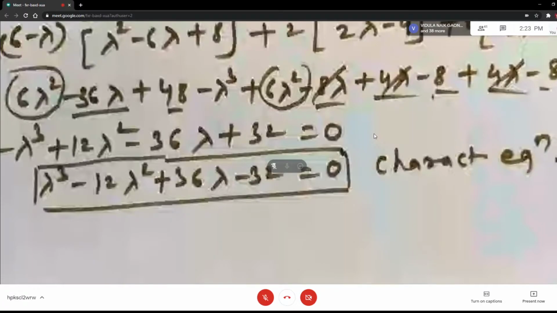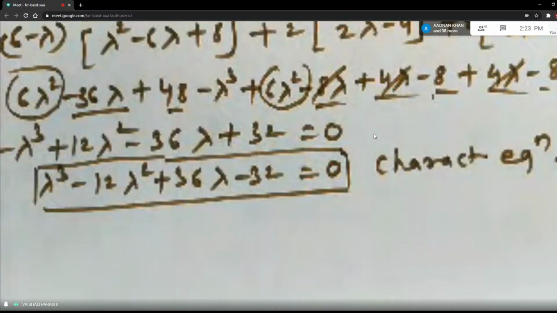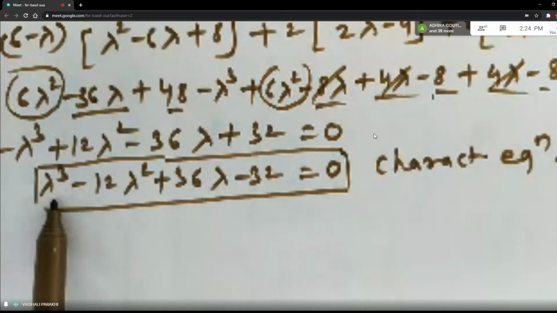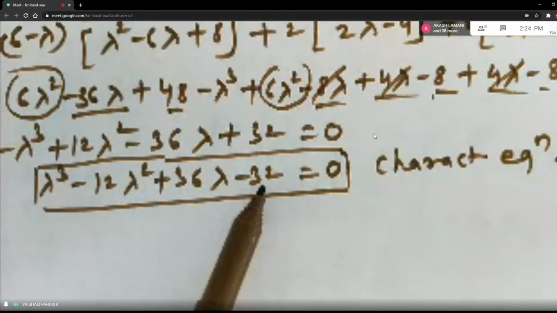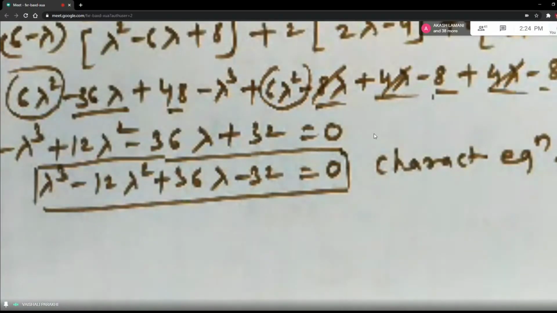Now, on the calculator, you can open the equation mode and select cubic equation there, because I think last semester also there was use of this equation editor. Cubic equation, then it will ask you to put the coefficients: the coefficient of lambda cube is 1, then you have to put minus 12, then 36 and minus 32, all one by one, and then it will give you the roots.